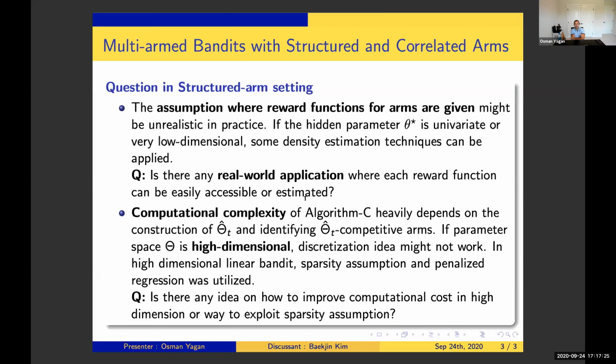So the first question, about the mean reward functions. The example that we have seen was, if you have a sufficiently large number of users rating movies, the mean, so again, we are not assuming that the distribution is known. There are some works that assume even the exact distribution from theta to the reward is known, but we are not making this assumption.